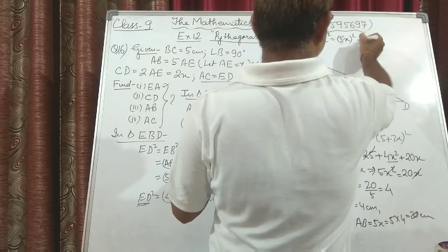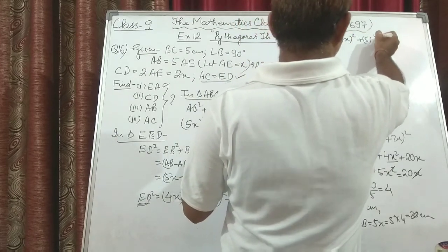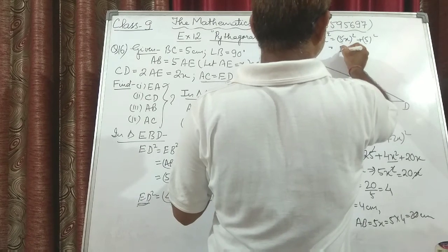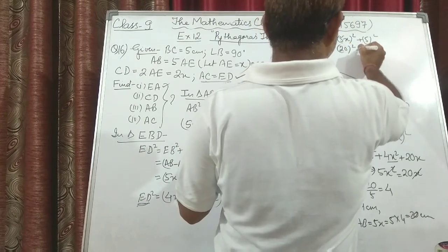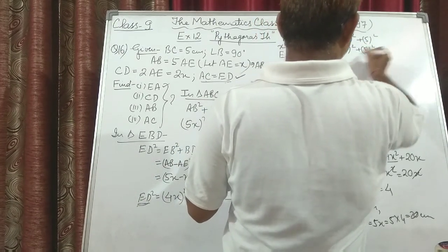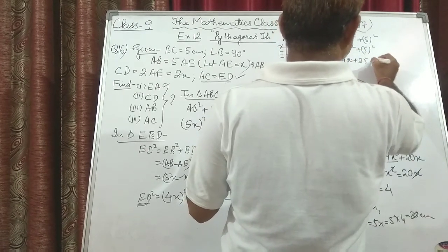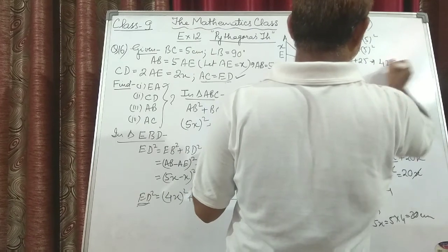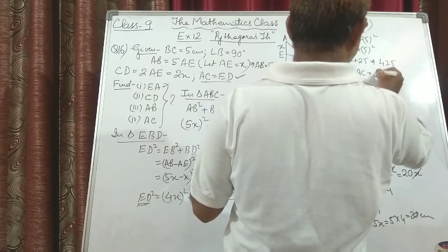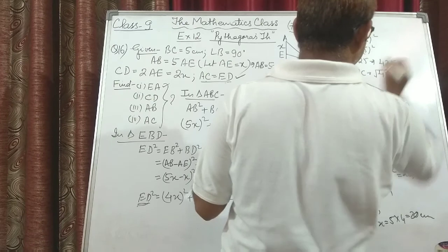5x square plus 5 square. Now 5 into 4, that is 20 square plus 5 square. 20 square is 400. 5 square is 25. So 425. So AC will be under root 425.